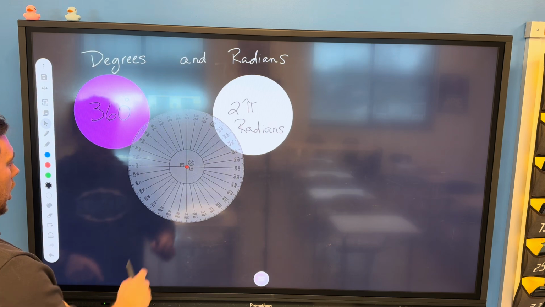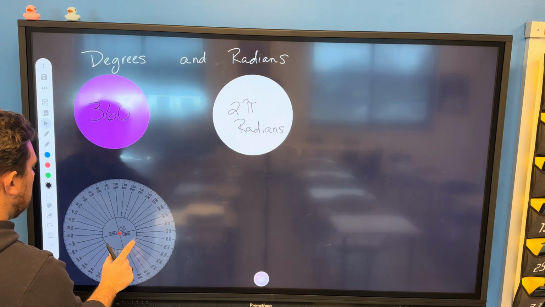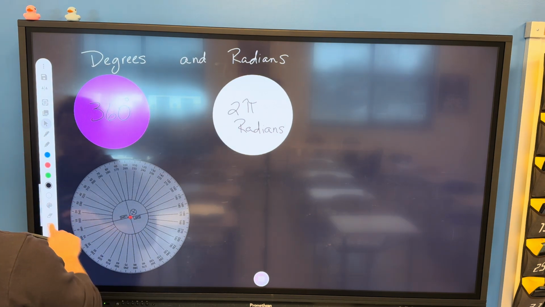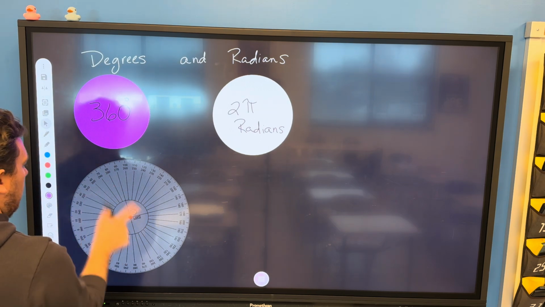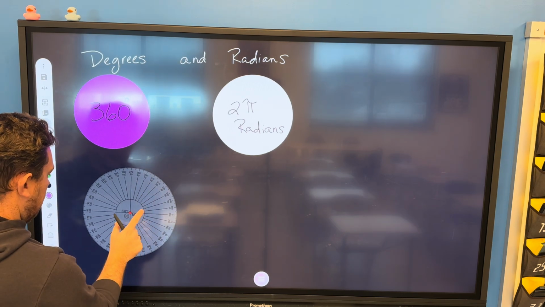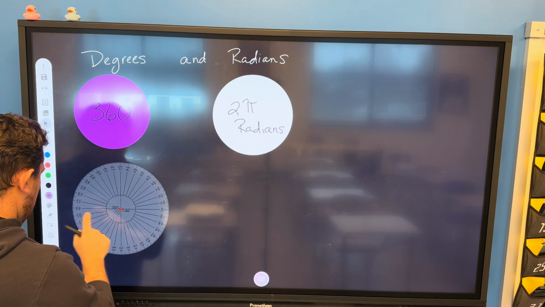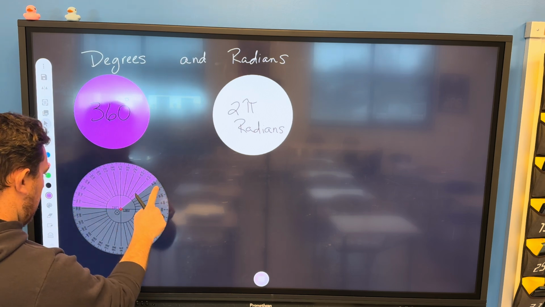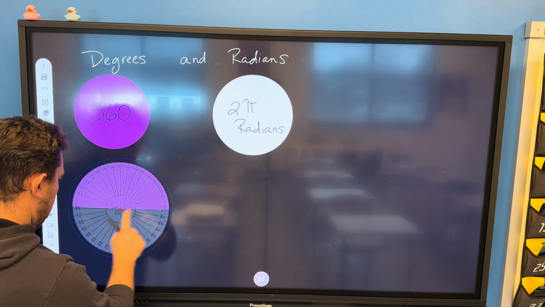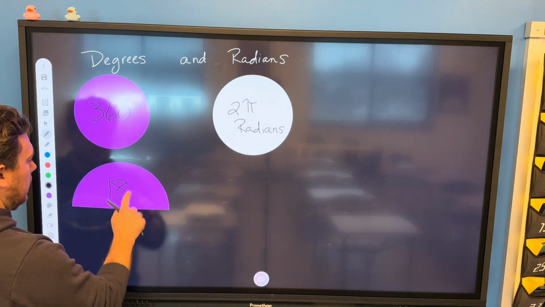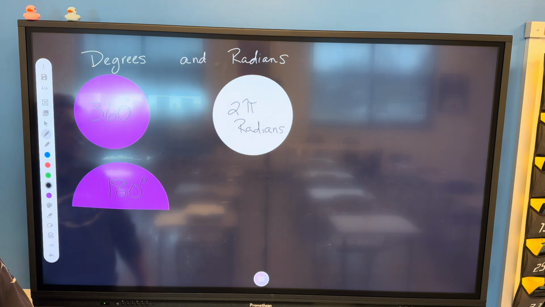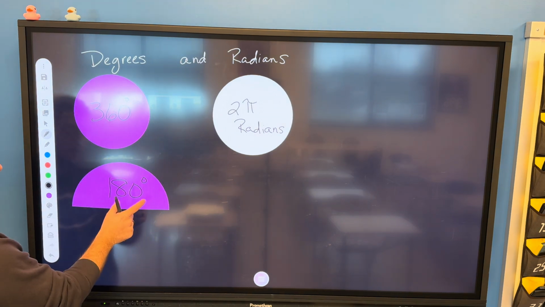then 180 degrees, and let's see if I can line this up. You rotate this in the proper thing, so I just need to go from there to there. That's pretty good. Okay, so 180 degrees would be, well, that's half of the 360.